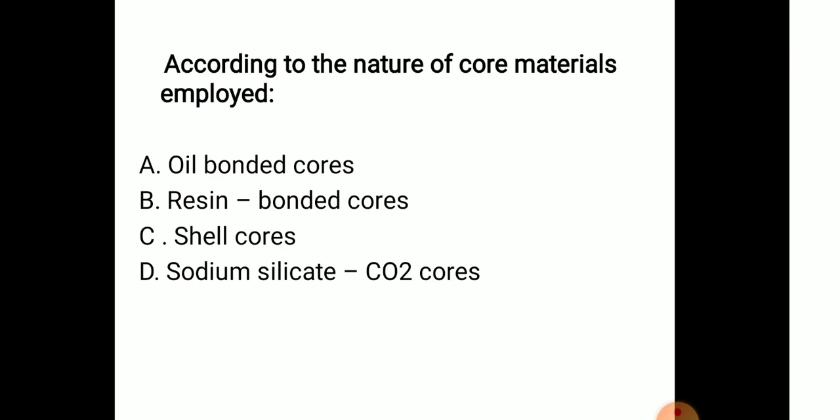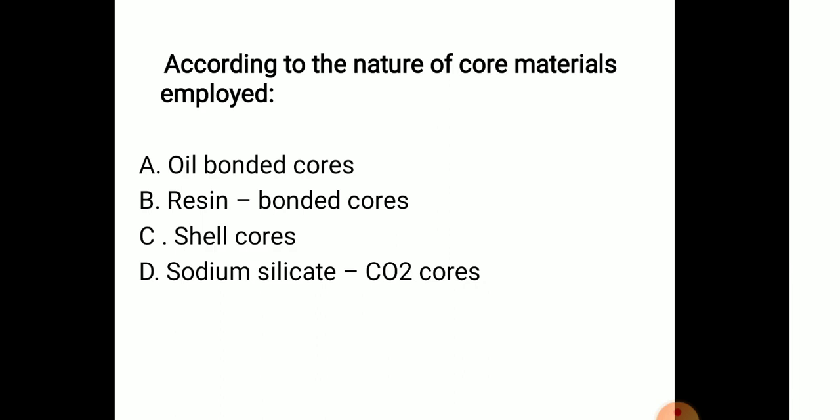Next one is sodium silicate CO2 cores. This core uses a core material consisting of clean dry sand mixed with a solution of sodium silicate. The sand mixture is rammed into the core box. The rammed sand, while in the core box, is gassed for several seconds with CO2 gas. As a result, silica gel forms which binds sand grains into a strong solid form.